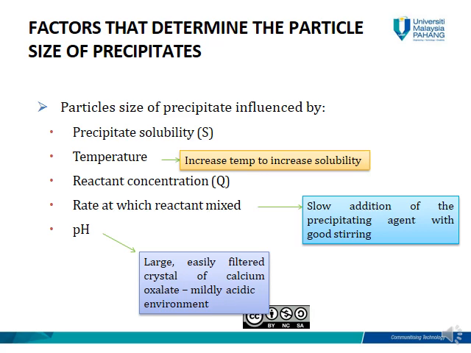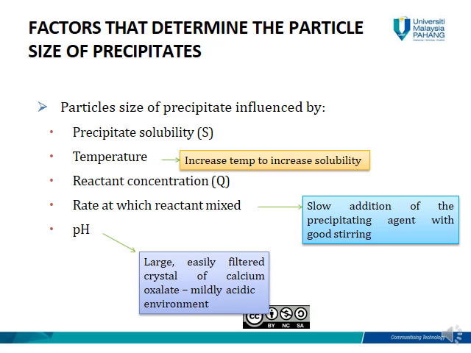When we talk about the rate at which reactants mix, we always refer to time. Whether you add the precipitating agent very slowly or very fast, it will affect the particle size of the precipitates.